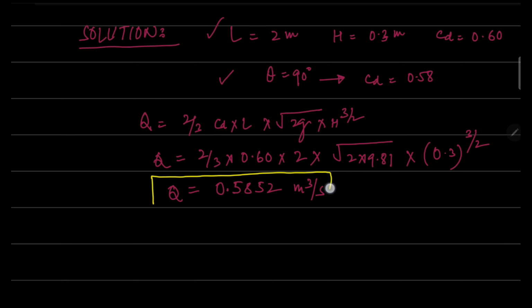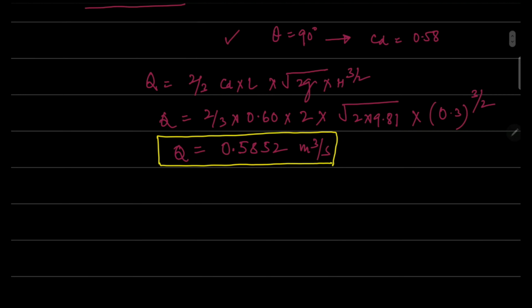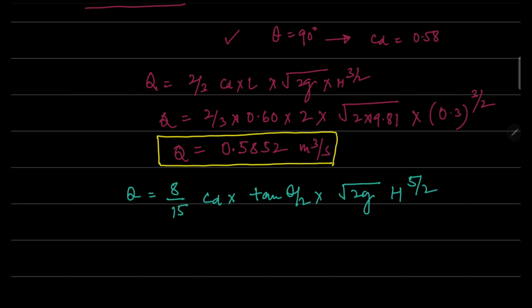The same discharge is passing over the triangular weir. So we will use the equation of the triangular weir, that is Q equals 8/15 CD multiplied by tan theta by 2 multiplied by root 2g h raised to the power 5/2.